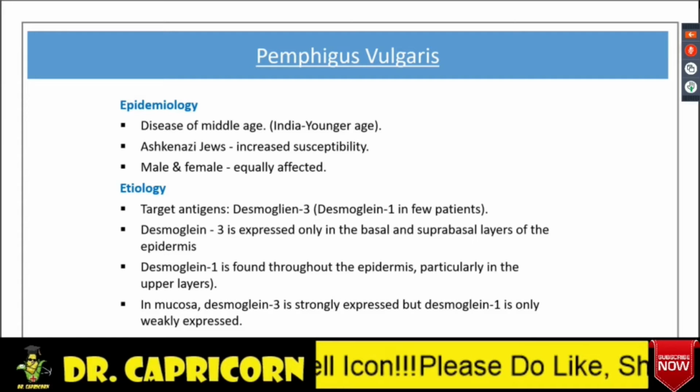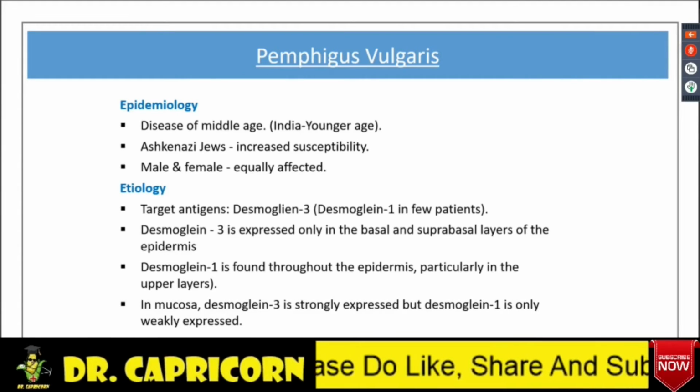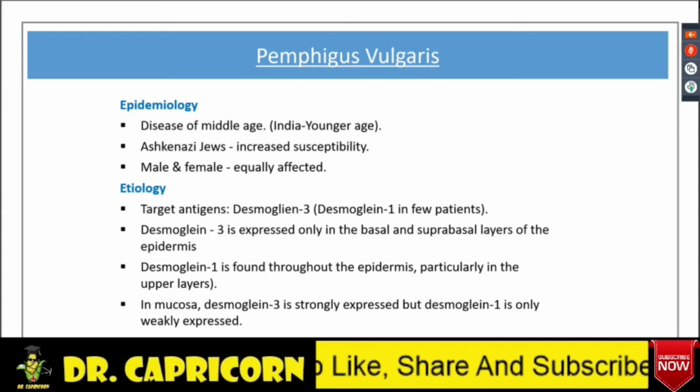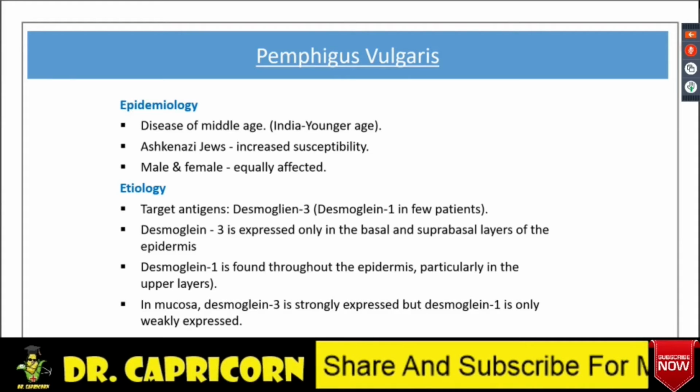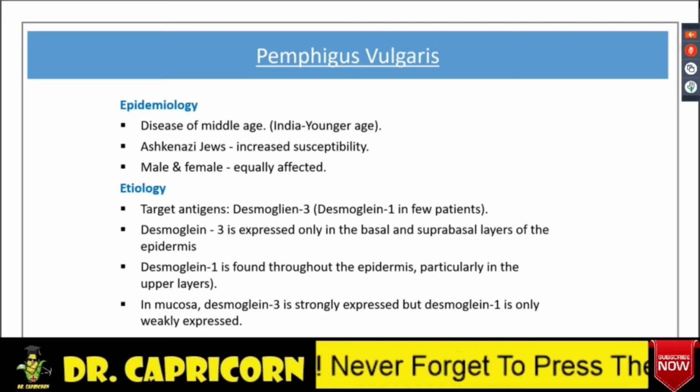Now, desmoglein 3 is expressed only in the basal and suprabasal layers of the epidermis. So the level of split in pemphigus vulgaris is suprabasal. Desmoglein 1 is found throughout the epidermis, particularly in the upper layers. So in pemphigus foliaceus, mainly desmoglein 1 is involved.